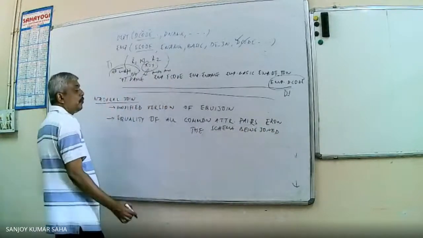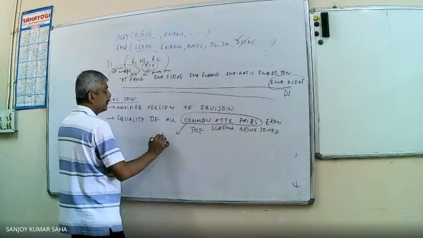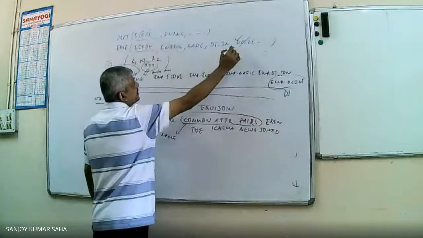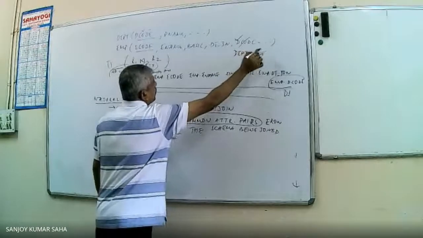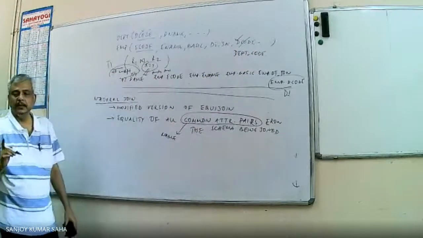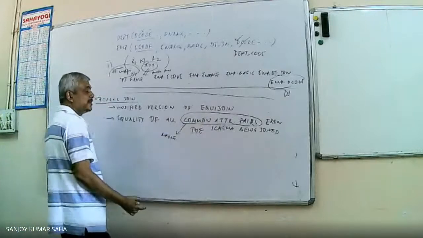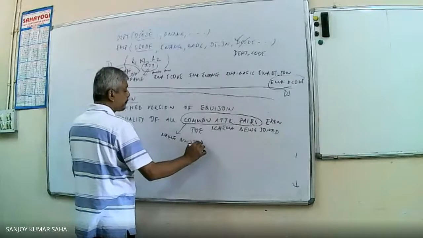When you say common attribute pairs, the name must be the same. So if it is dcode and department code, then they are not common. So for natural join, the names of the attributes also must be the same. Then only they will be considered as common attributes.